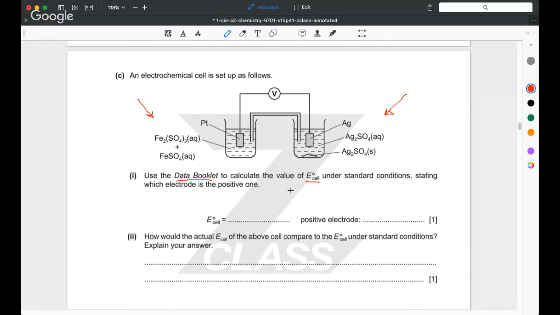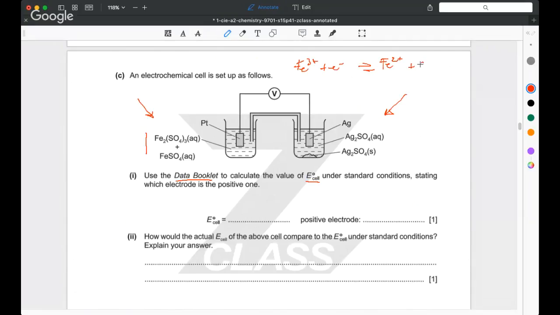And if you look those up in the data book, then for the left-hand side of the cell, you've got this, haven't you? And these electrode potentials are always written as reductions, aren't they? You can see the iron 3+ is being reduced to the iron 2+.